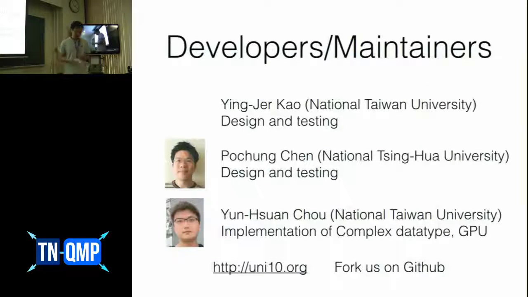We should acknowledge our maintainer, who developed this with me, Pochung Chen. He's not here, he's no longer supporting the team. There's a student taking over, so it's going to finish in 1 year. So we need a lot of help, so please focus on GitHub.